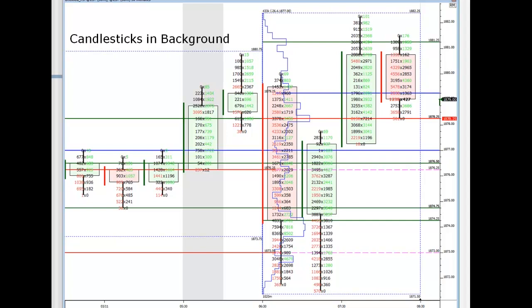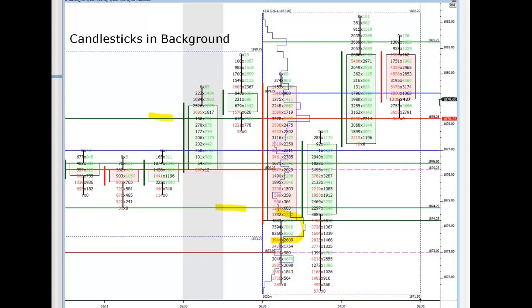So right away here, we can see that from the profile, this was an area of heavy volume activity. All right, and we can see what happened after this heavy volume activity. We see the activity here on the profile, and we also can look at the value area low from the prior session, and here is the value area high from the prior session.